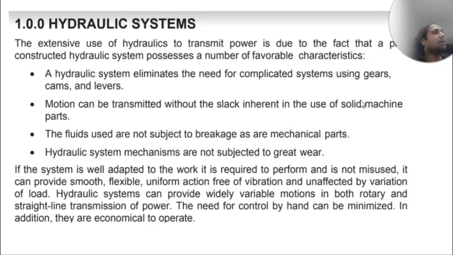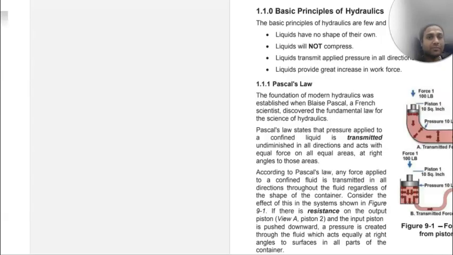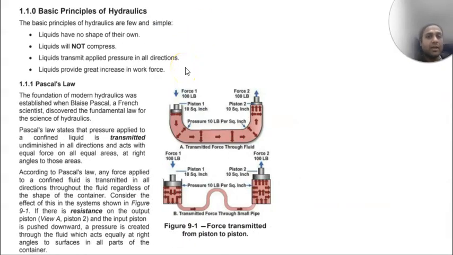A hydraulic system can provide variation in the motion as well. The same system can have a fast and a slow motion, different types of motion. It can transmit power in a rotary direction, in a straight direction, at an angle, and so on. If you are using a hydraulic system, it can minimize the use of the hand, and it is much more economical and viable to use. Now, the basic principle of the hydraulic system is that it works on the law known as Pascal's law.